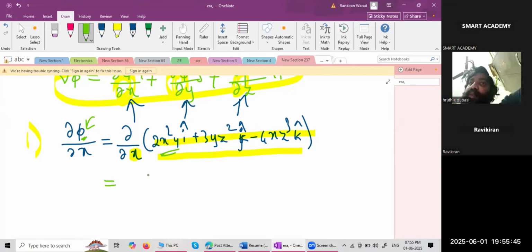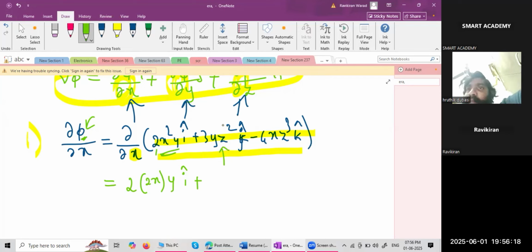The differentiation of x square is 2x, so 2 into 2 is 4x. Keep 2 as it is, differentiate x square to get 2x. All these are in multiplication form, so keep the remaining as it is. Plus 3yz square: with respect to x, is it possible?